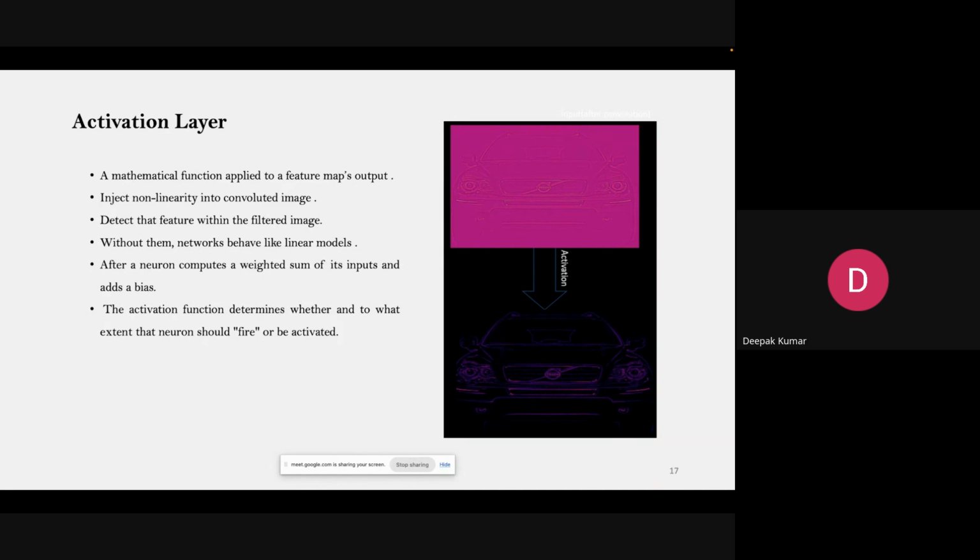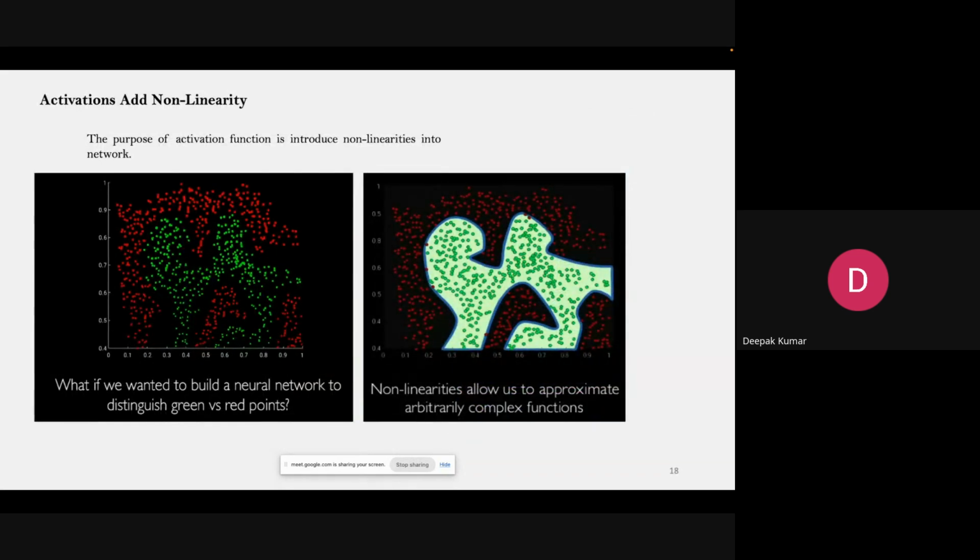It also helps to introduce non-linearity in our networks, and only selective inputs, which we call neurons, are fired if they pass through the activation layers and clear the threshold. Different kinds of functions have different thresholds as well.